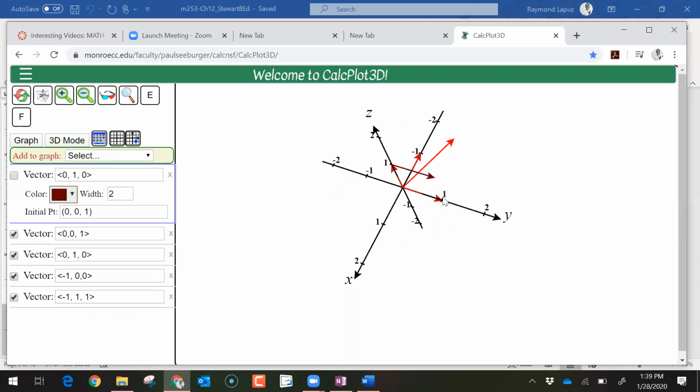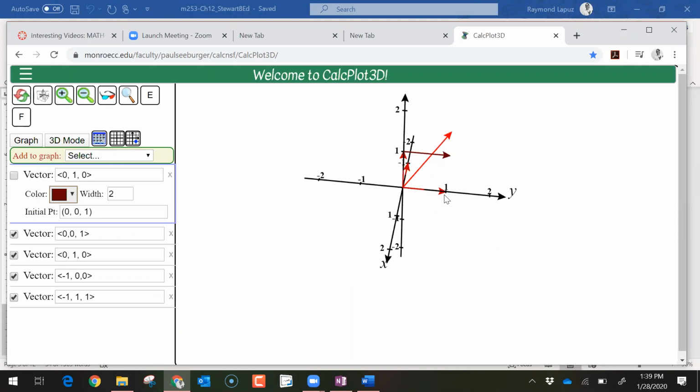You see that? Maybe I should give this to you as an assignment. All right, so let me think about this. Let's go to the next section.